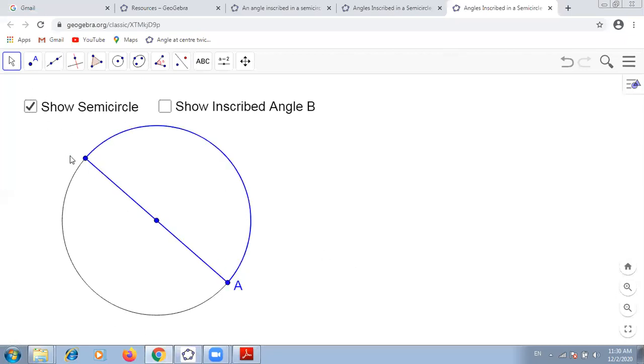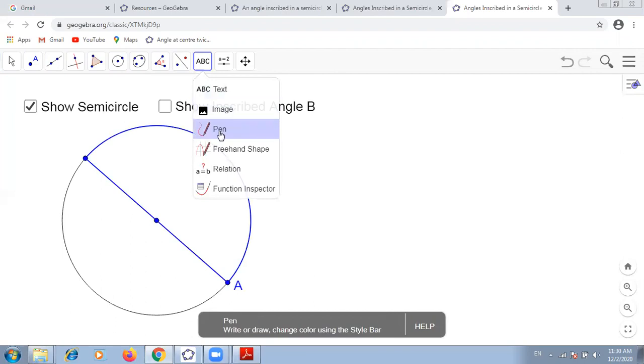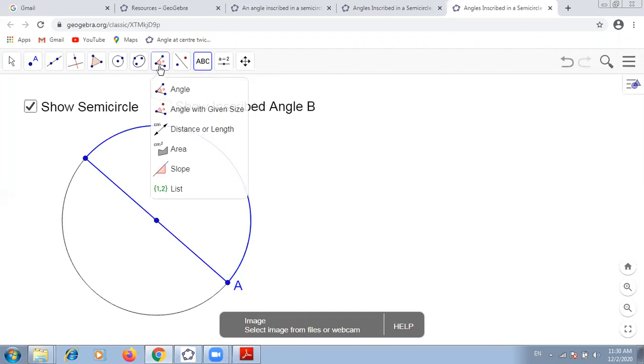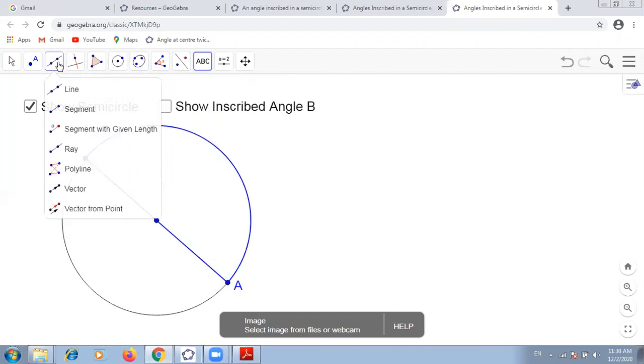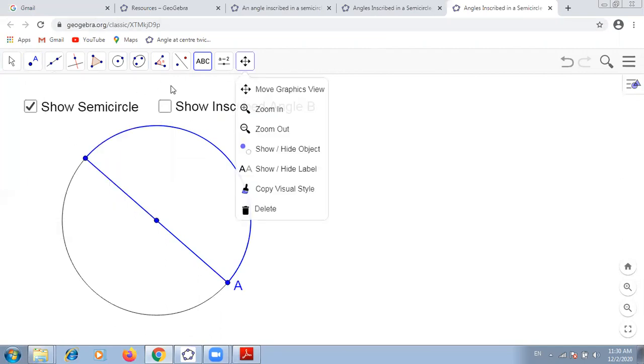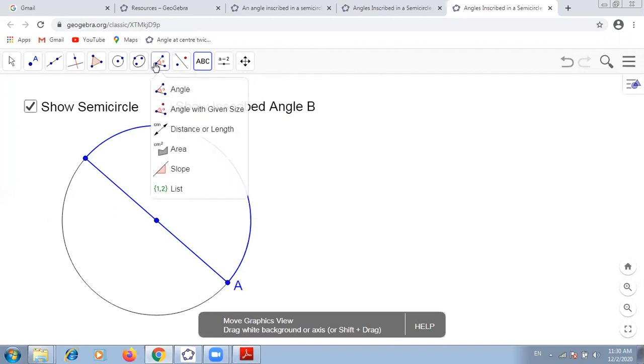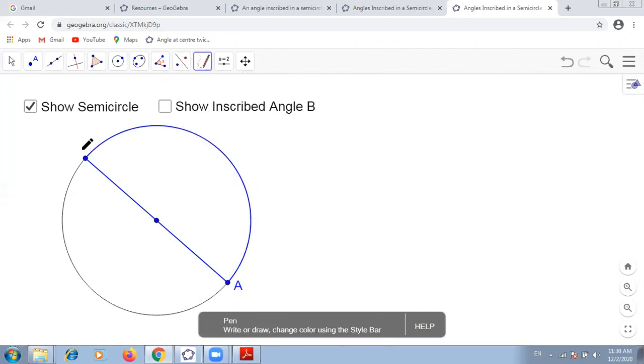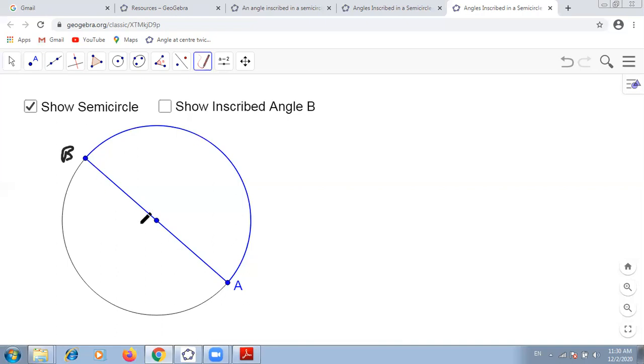We label the points A, B and O. So AB is a diameter, representing the semicircle. The angle formed in the semicircle is a right angle.